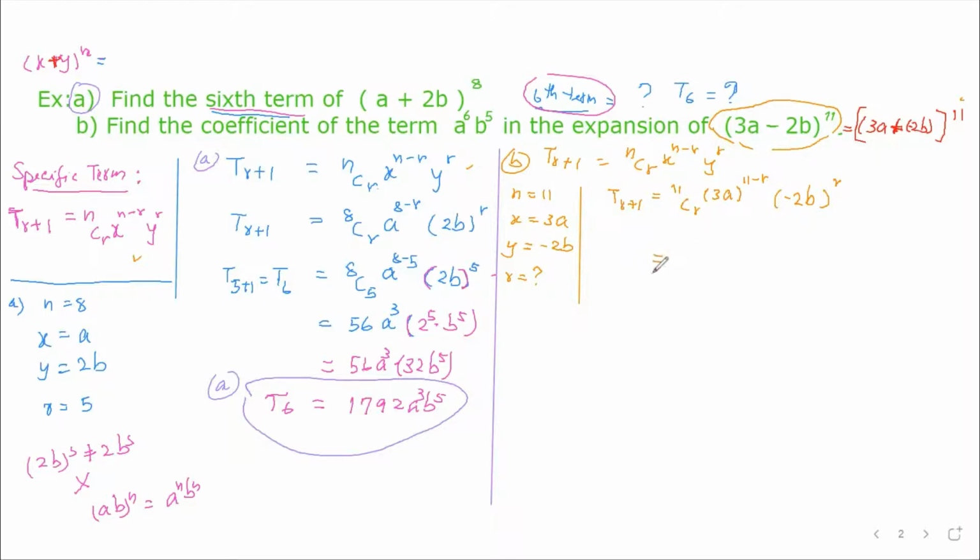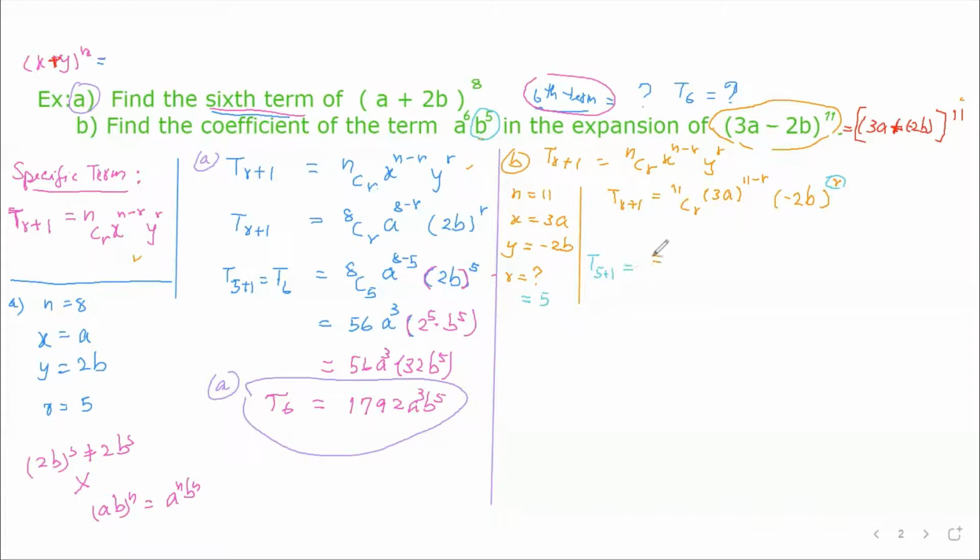Because we have to get b power 5, b has to be power 5. So this r should be 5, correct? Now we know r has to be equal to 5, so it becomes T of 5 plus 1.